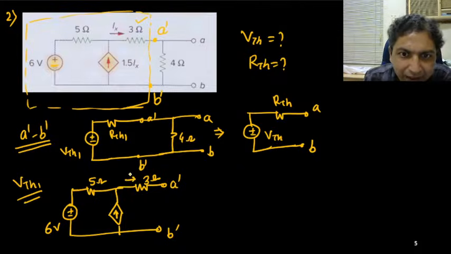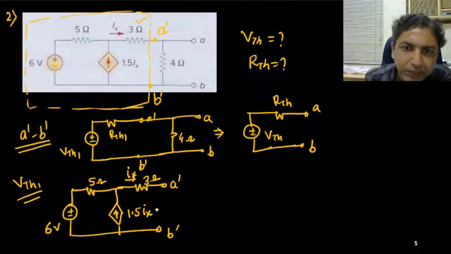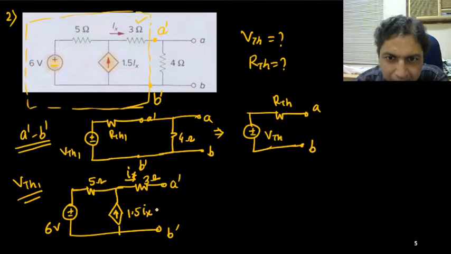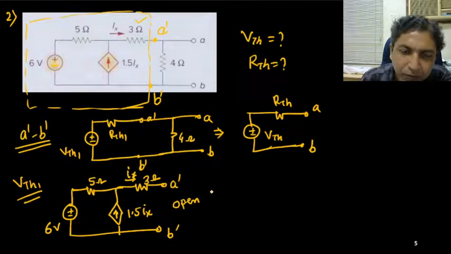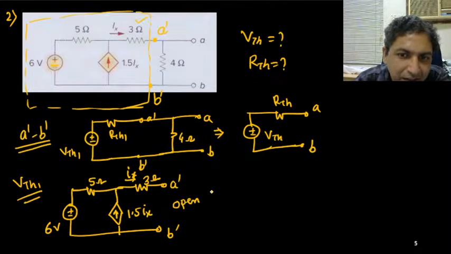If this current is Ix, this current is 1.5 Ix. Now I have kept it open because I need to find out Thevenin voltage. So I need to find out open circuit voltage VOC.